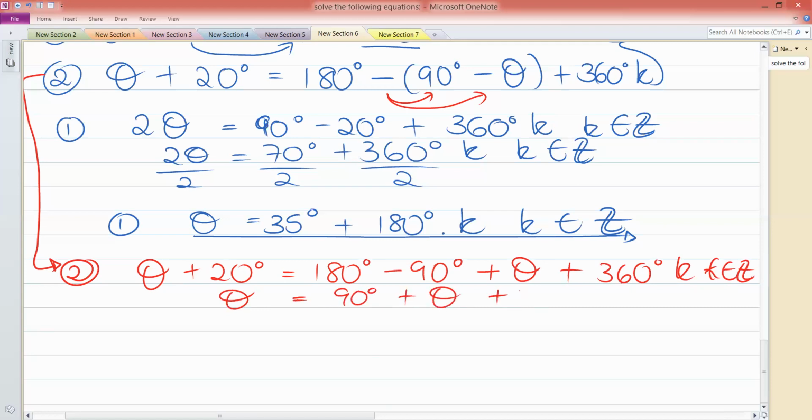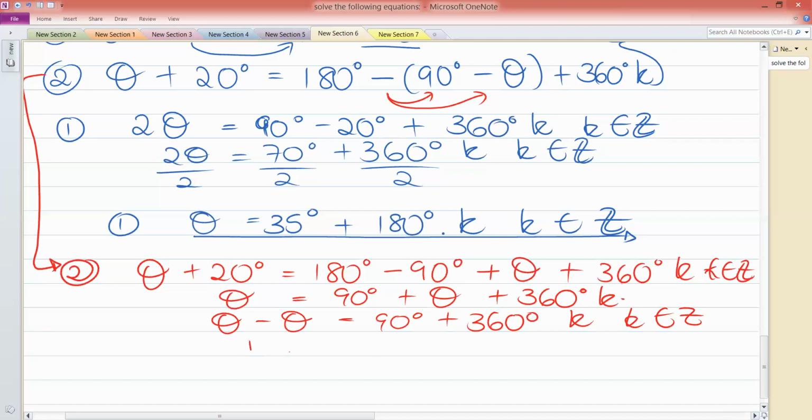So what do you think is going to happen here with the thetas? It was positive; if I bring it over, it becomes theta minus theta, so the answer you get for this one is no solution.